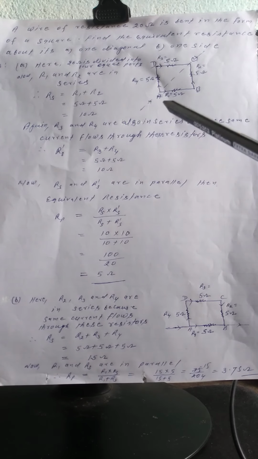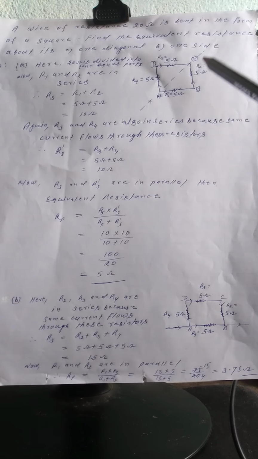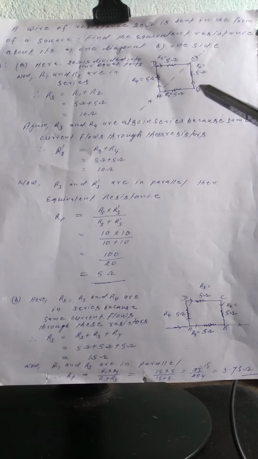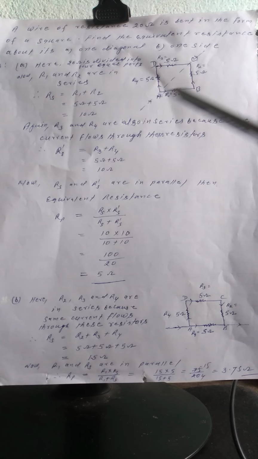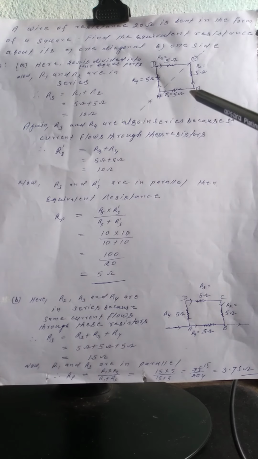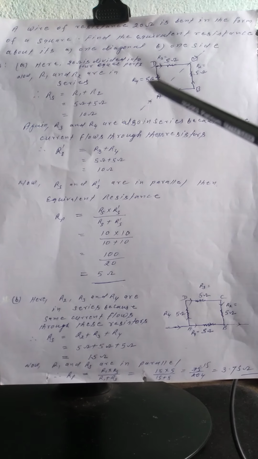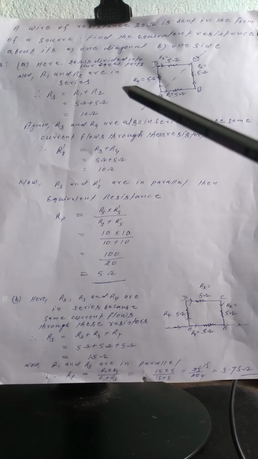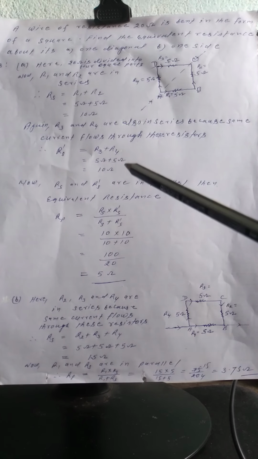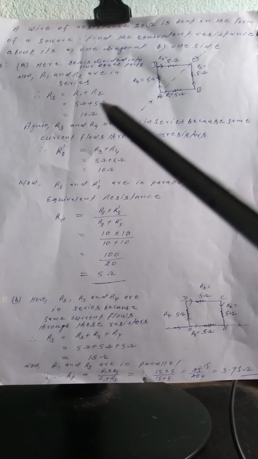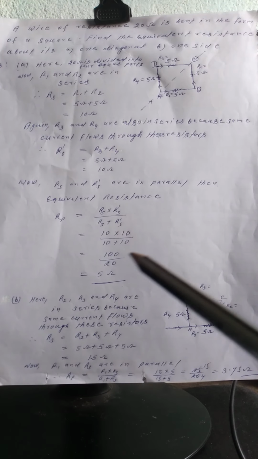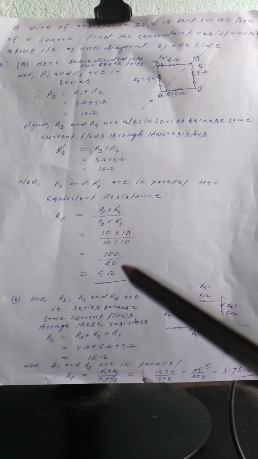Now we have to calculate the equivalent resistance about AC. Here R1 and R2 are in series and R3 and R4 also are in series. Now 5 and 5 is 10 ohm and 5 and 5 is also 10 ohm. So Rs is in the first case 10 ohm, and in the second case also 10 ohm. Now these two 10 ohm resistances are in parallel. Therefore 10 into 10 by 10 plus 10 is equal to 5 ohm.